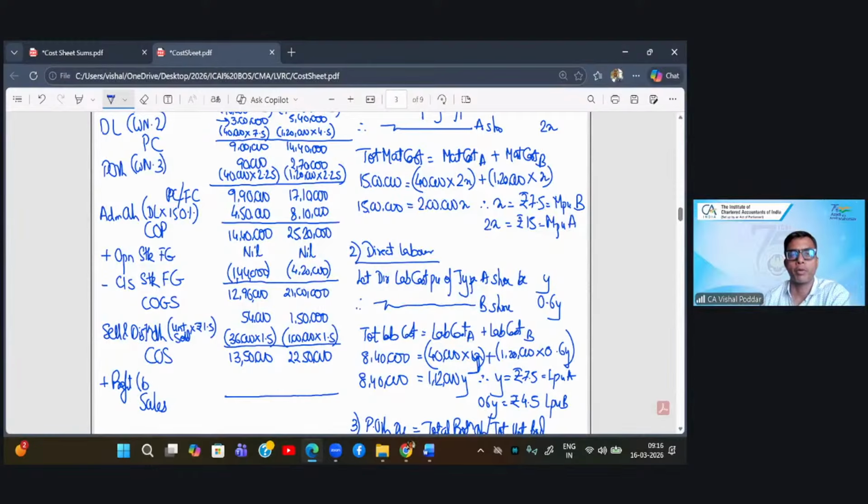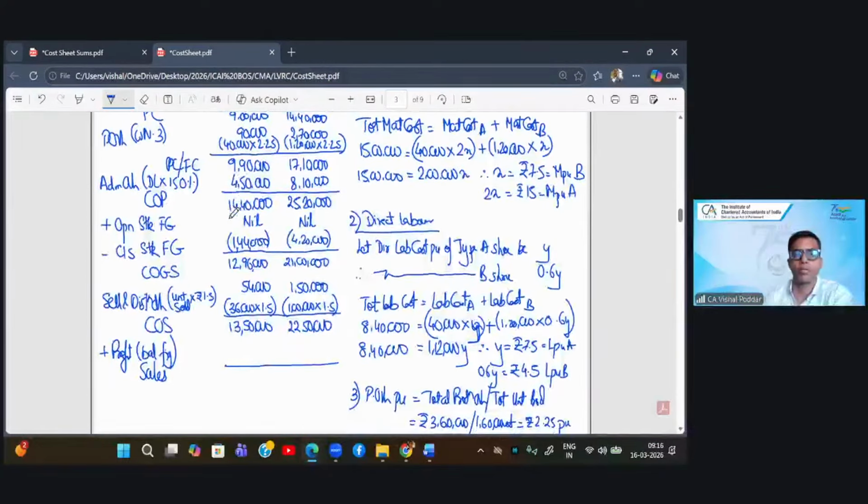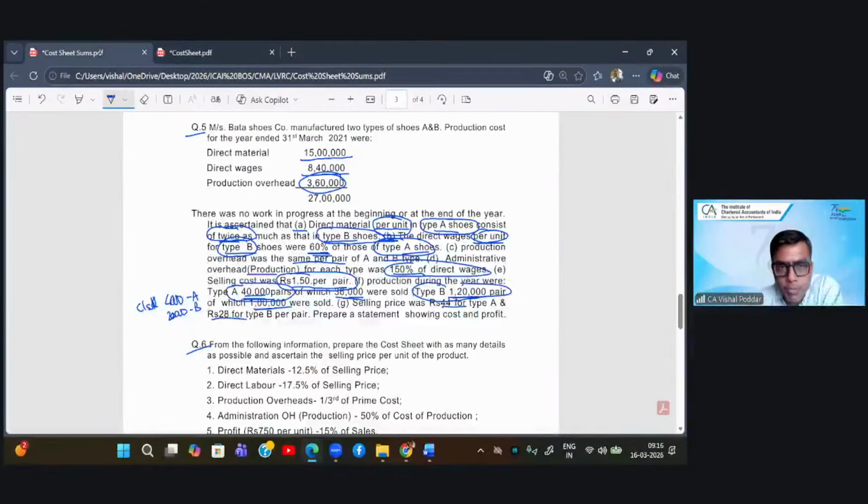Now profit will be my balancing figure. Sales. Now how will sales value be computed? It is units sold, which is 36,000 into the selling price. Again, units sold, which is 1 lakh into the selling price. Now what is the selling price?